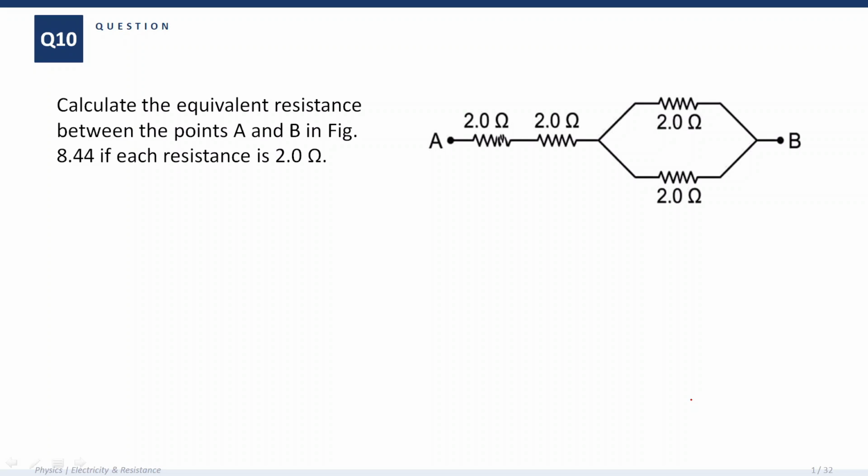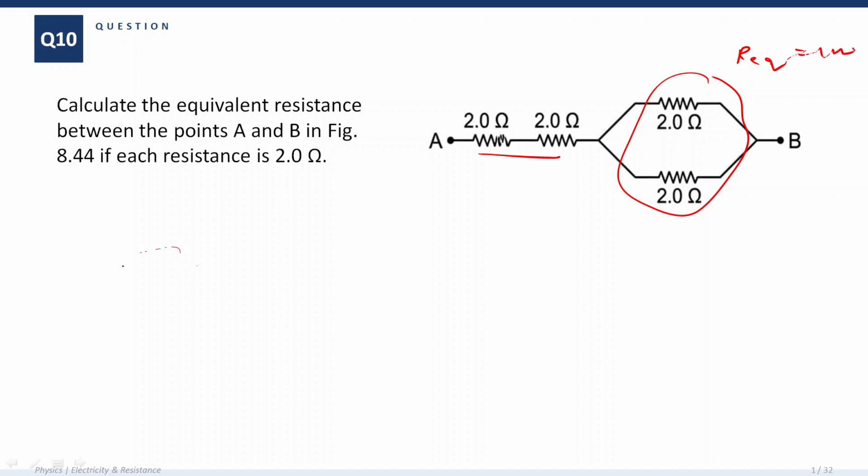Calculate the equivalent resistance between the points A and B in figure 8.44. Each resistance is 2 ohms. Okay, these two are in series. These two are parallel to each other. So already we found that when connected in parallel, the equivalent resistance is 1 ohm.